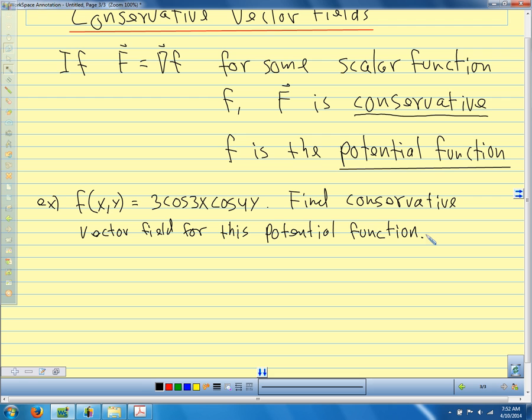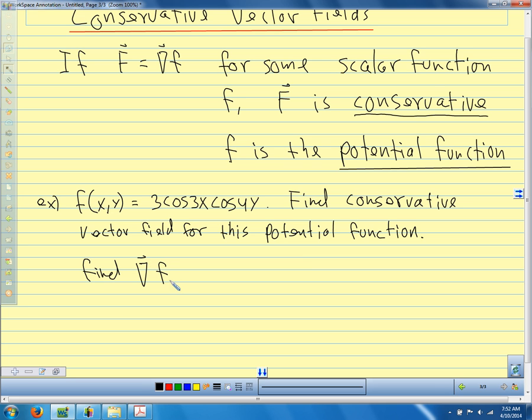They're giving us a potential function, so this is just a fancy way of saying find the gradient of f. To find our conservative vector field, we're finding the gradient of f, so it's asking us to find del f.